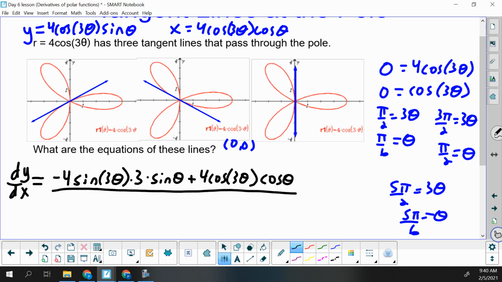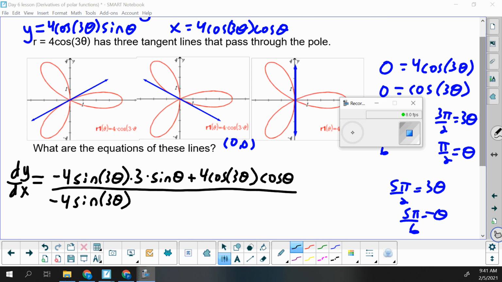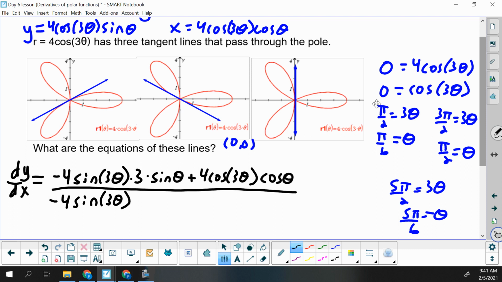In the denominator, the derivative of x with respect to theta, the derivative of 4 cos 3 theta, again, is negative 4 sine 3 theta times the regular cos theta plus regular 4 cos 3 theta times the derivative of cos theta, which is negative sine theta.